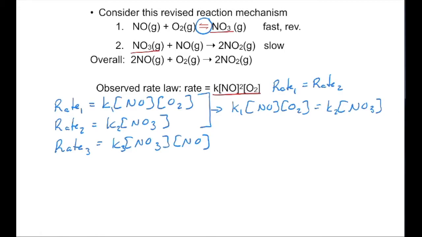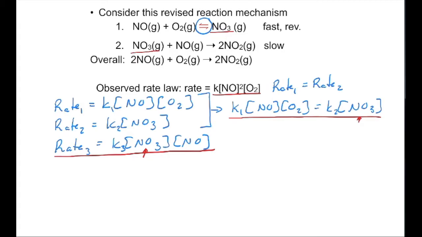So what we need to do is, in our rate 3 equation down here, notice our rate 3 also has that NO3 in it. We have to get rid of that. The way we can do that is to solve the equation we just derived for NO3 and then substitute what we get from that into the rate 3 equation.